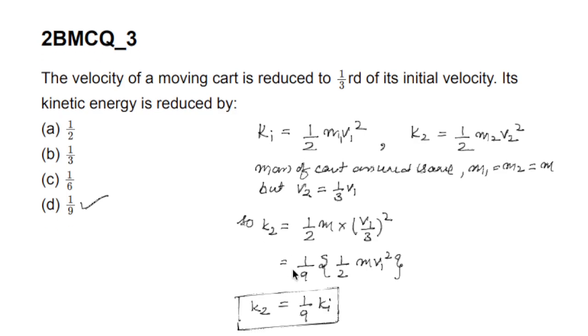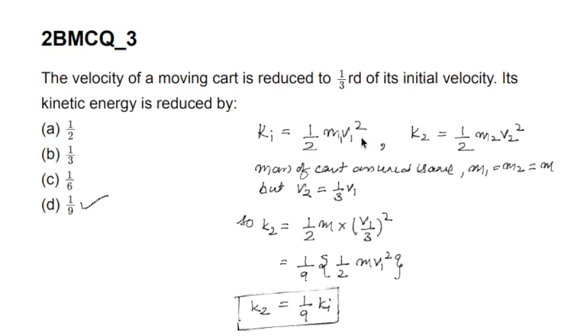The velocity of a moving cart is reduced to one third of its initial velocity. Its kinetic energy is reduced by? We can directly calculate this by intuition, but we should know the formula of kinetic energy and velocity. The relation is kinetic energy is half mv square.